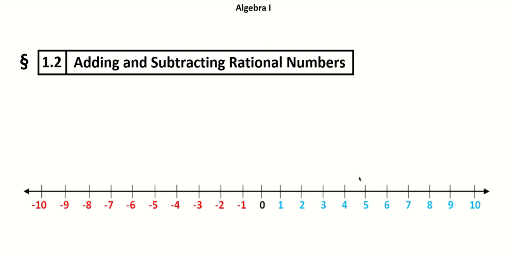If you have $5 and you lose $6, or you owe somebody $6, and you're only starting off with $5, what's 5 minus 6? You're in the hole $1. You have negative $1.